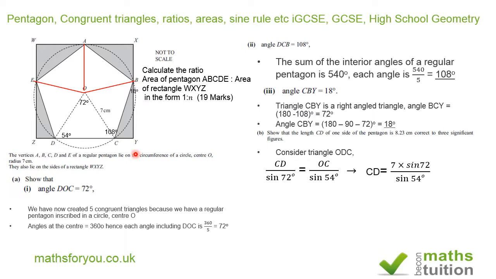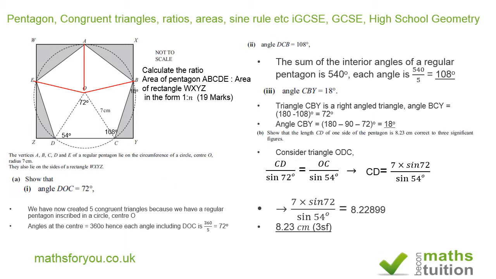So CD is 7 times sine 72 divided by sine 54 degrees, and that gives us CD of 8.22899. But we are asked to find the length of CD correct to three significant figures. So CD then becomes 8.23 centimeters to 3 SF. That's CD.